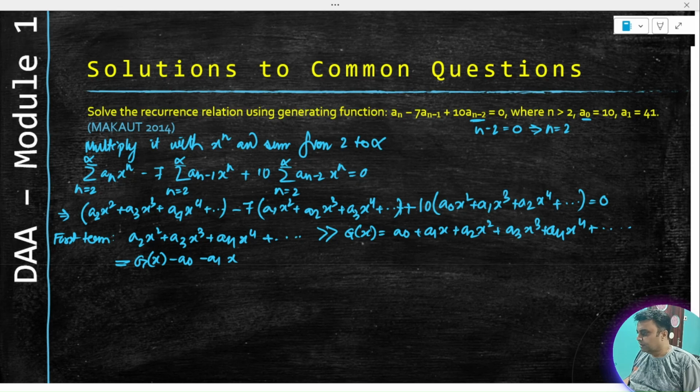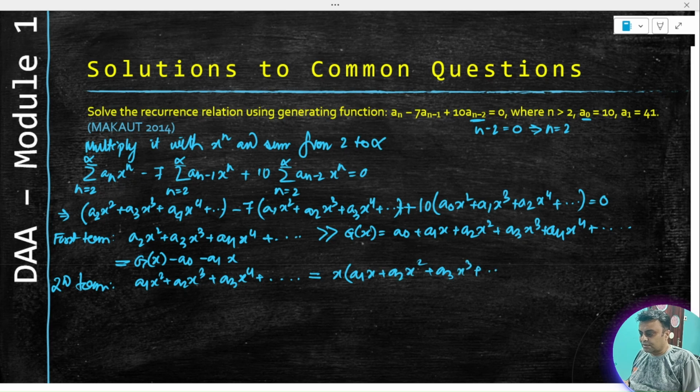I can do that. My second term is a1x square, a2x cube, a3x4. So I already see that a1x square is not correct because it is a1, it should be x. It is a2, it should be x cube. So one x is extra. So I will factor out x, which means x into a1x, a2x square, a3x cube plus dot dot dot.